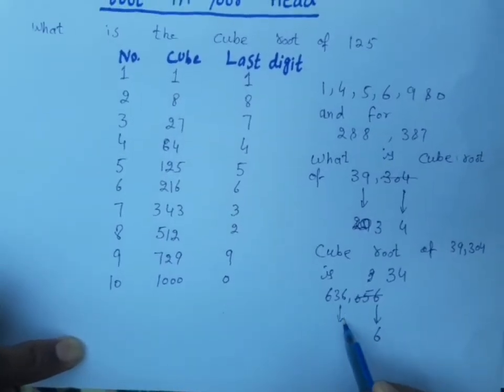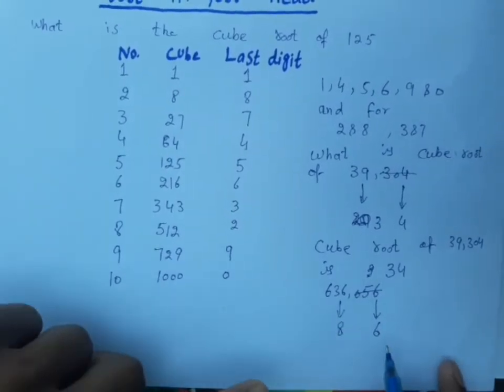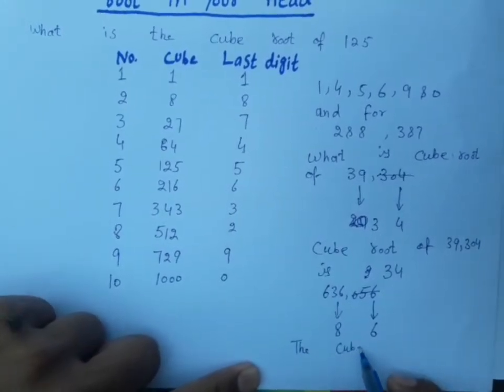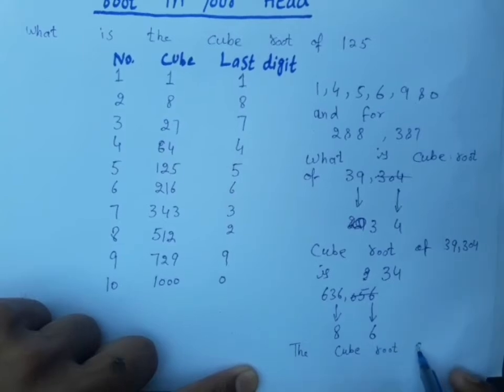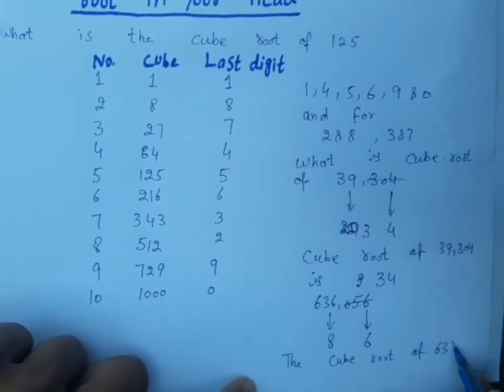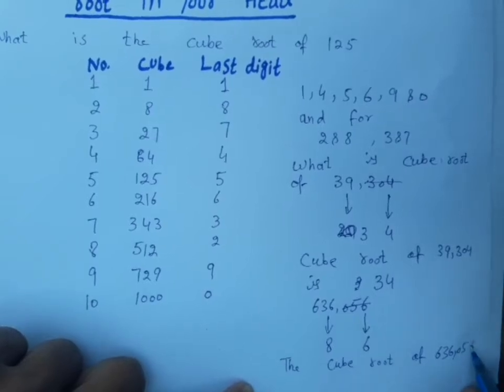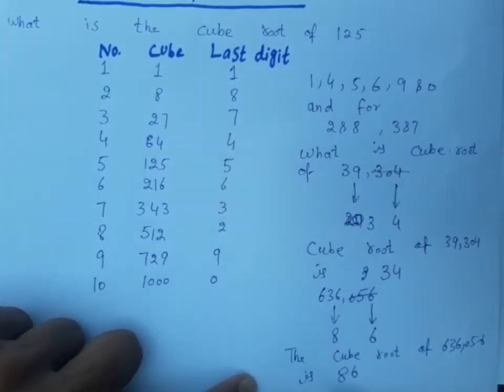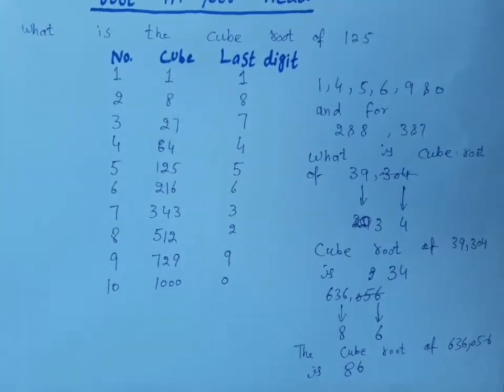So we write down 8. Okay, so the cube root of 636,056 is 86.